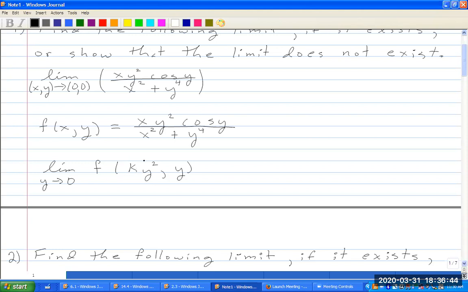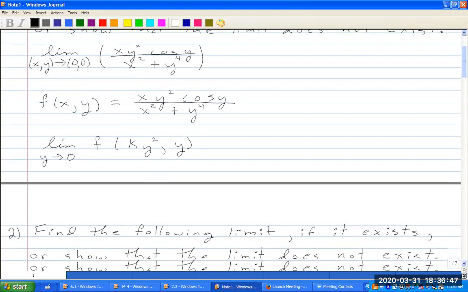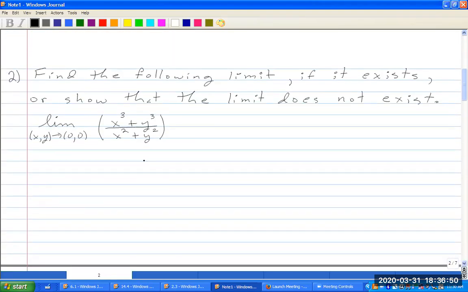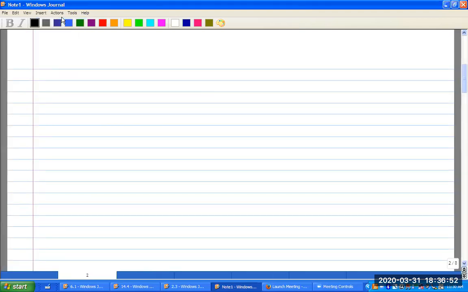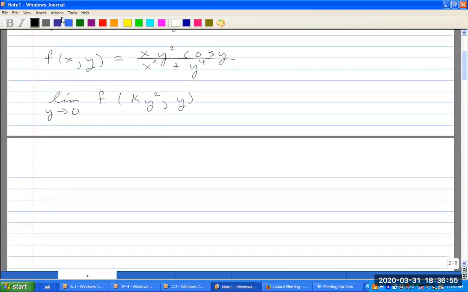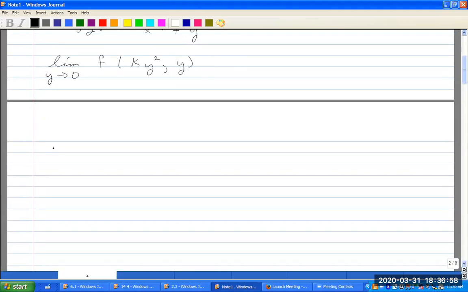So I'm just going to go along one particular path. Let me add a little bit more room here to do it. And so this is the limit as y goes to 0 of k y squared times y squared cosine y over k squared y to the fourth plus y to the fourth.